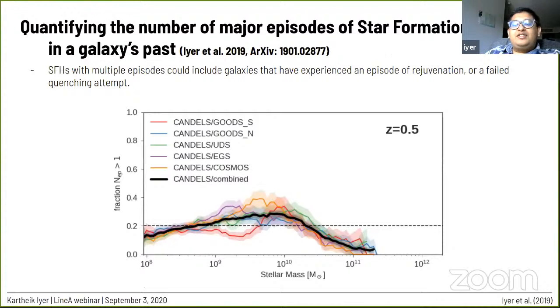For teasers of a few other science cases, because I'm close to time, we can do things like quantifying the number of major episodes of star formation in a galaxy's past, where we look at the fraction of galaxies that show multiple peaks or multiple strong episodes of star formation in their reconstructed star formation histories.